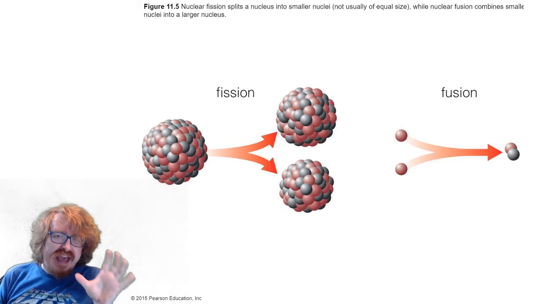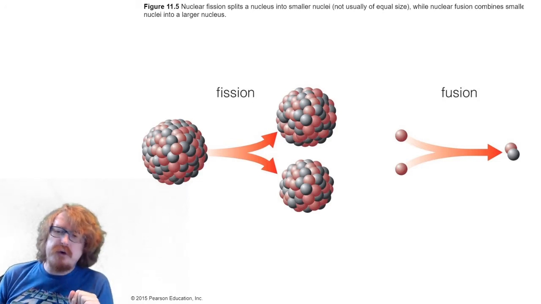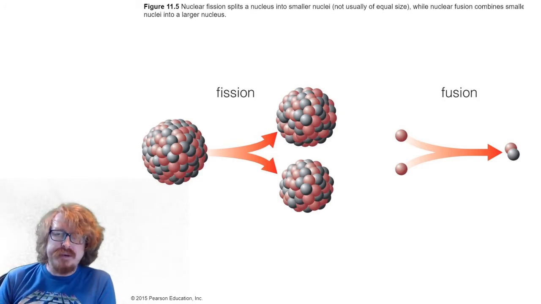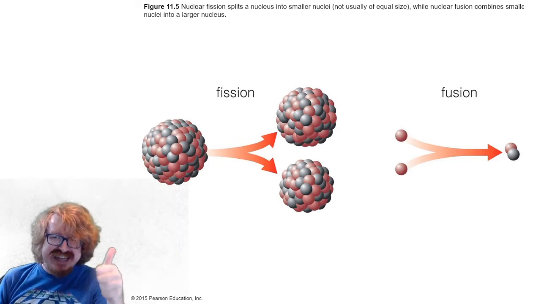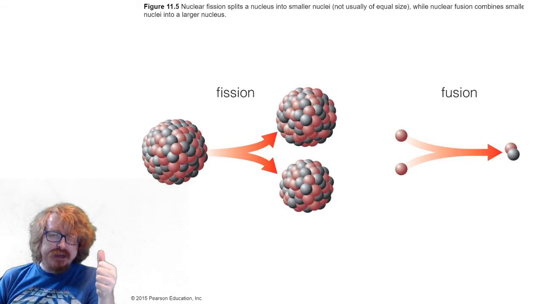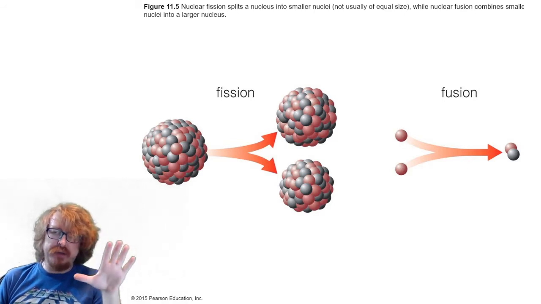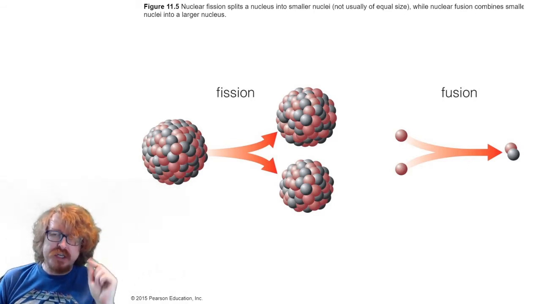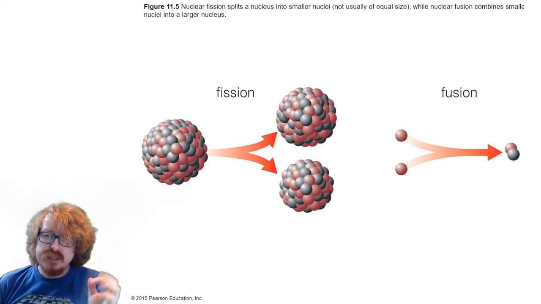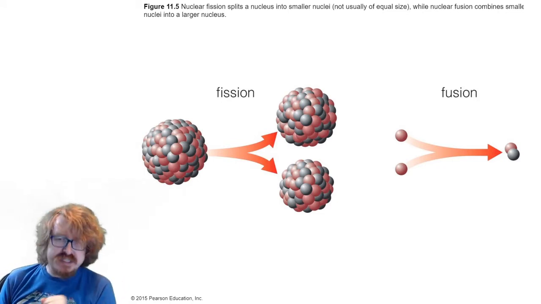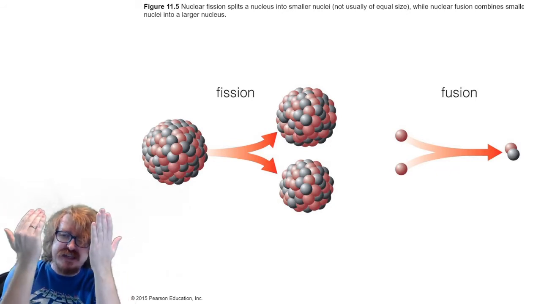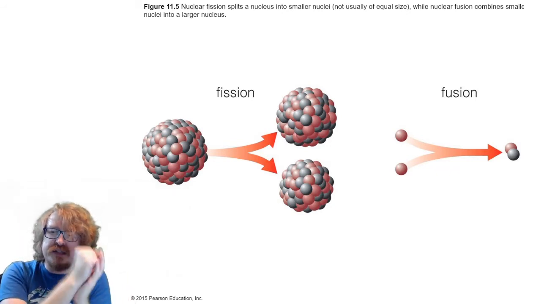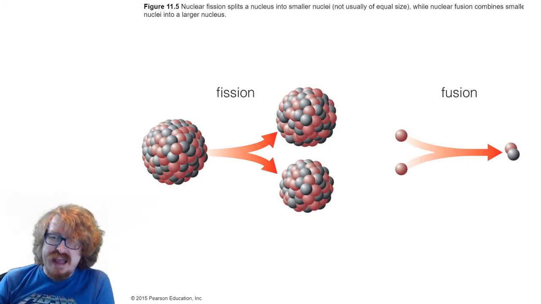Again, if you read that file, you know that in order for fusion to happen naturally, just on its own, you need the density to be extremely high of whatever gas you're dealing with, and you need the temperature to be extremely high. So there's only one part of the sun that has a high enough temperature and a high enough density to bring these atoms together to make the fusion happen.